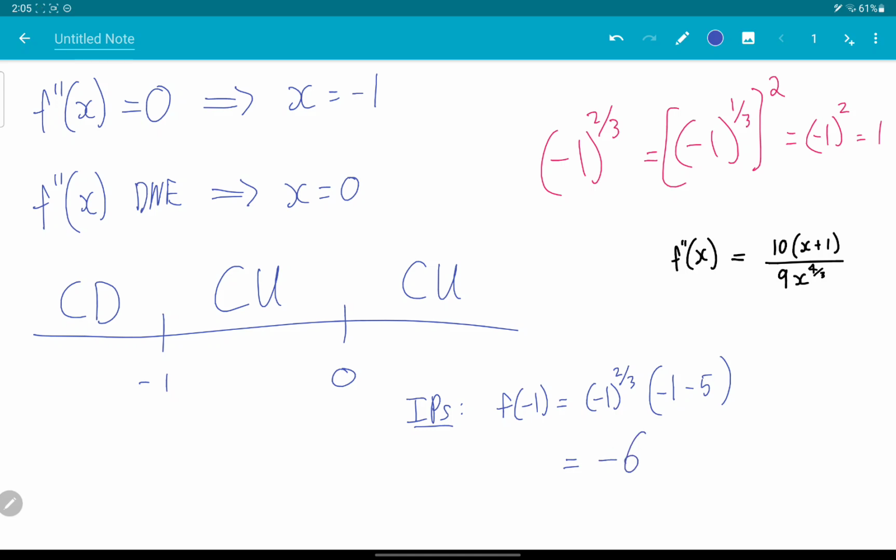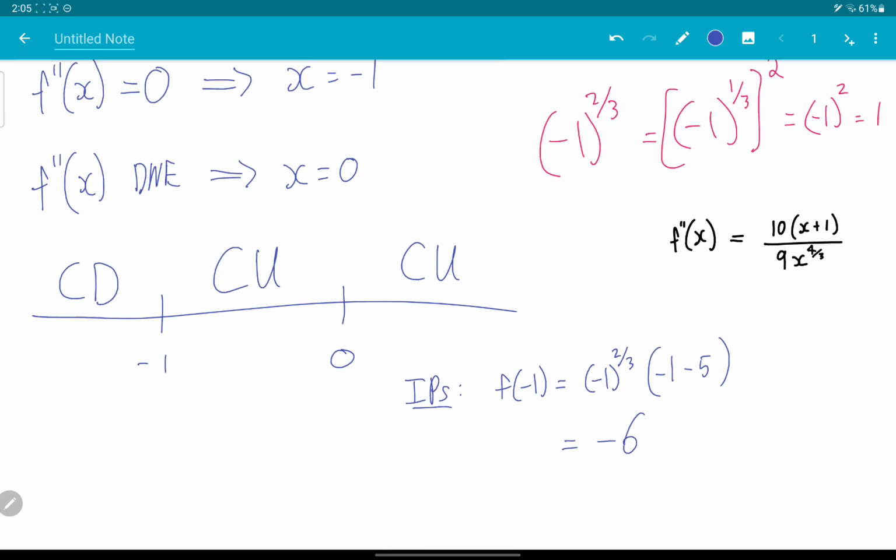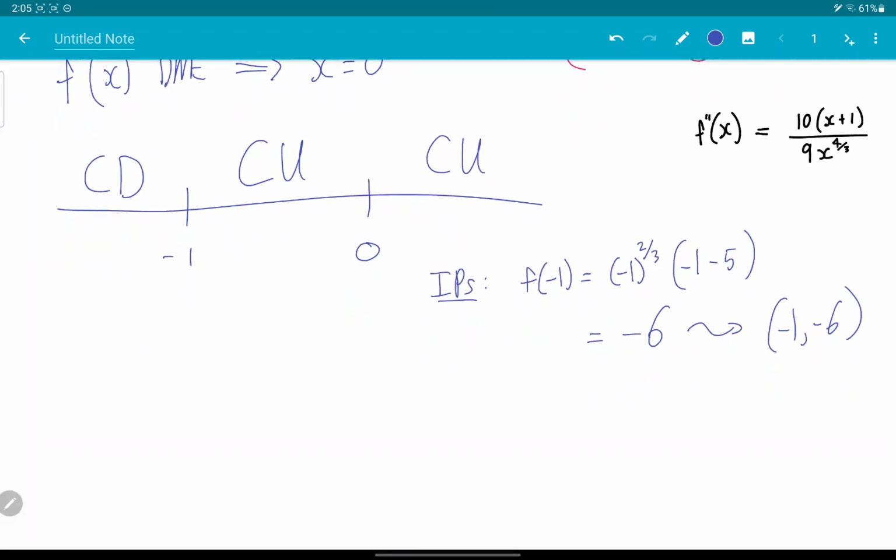So -6 down here, giving me the inflection point I get here is -1, -6. F of 0 is just 0, giving me an inflection point 0, 0.